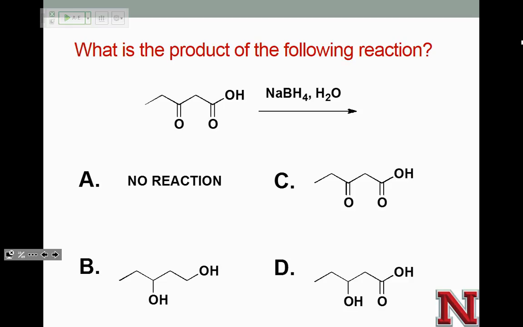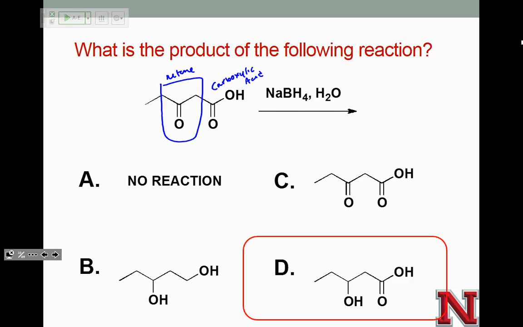If we look at sodium borohydride and water, we're not going to reduce carbon-carbon pi bonds. There's none in this example. But we do have a ketone, and in this case a carboxylic acid. Our sodium borohydride is not strong enough to reduce the carboxylic acid, it will only reduce the ketone.